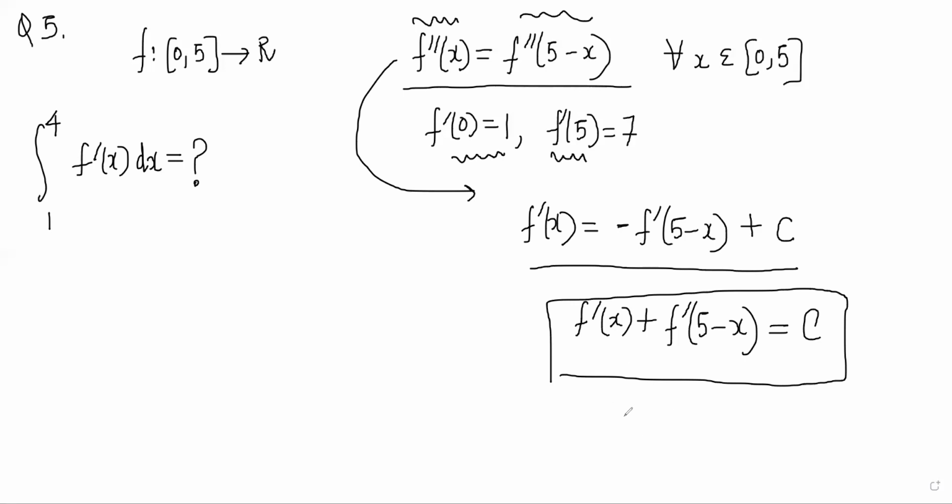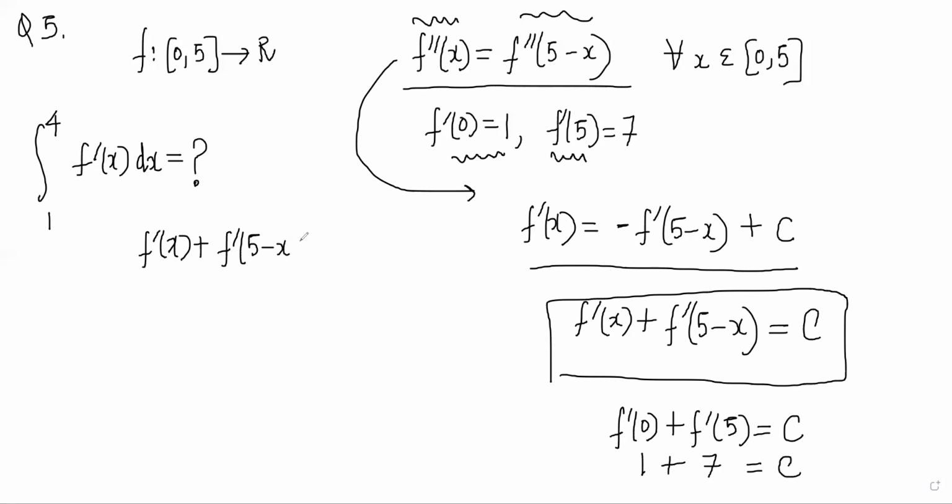So you put x equal to 0 here, you get f dash 0 plus f dash 5 is equal to C. So this is 1 plus 7. So you end up getting the result that f dash x plus f dash of 5 minus x is equal to 8. Correct?